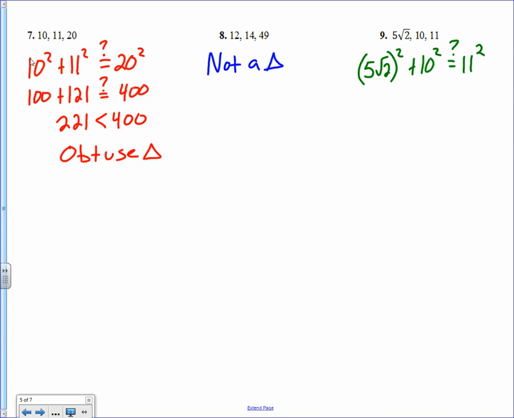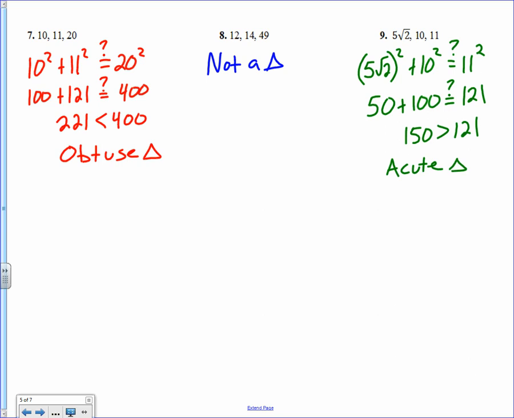Root 2 squared is 2, so we have 25 times 2, which is 50, plus 100. Does that equal 121? No, it's much larger than 121, so this is acute.